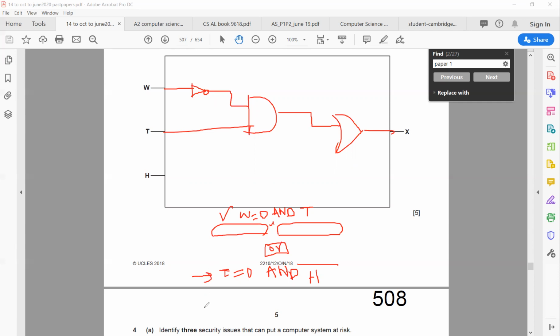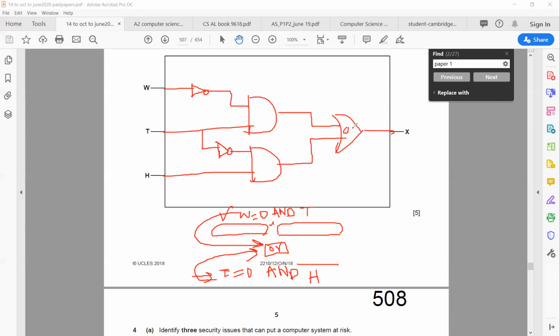Now, let's make the other part. Other part is T, NOT and H. Now this time T NOT. So T has been used in both the parts of this logic expression and H. So ये देखो, it is also linked with this one. This whole part was linked with OR and this whole part was linked with OR as well.